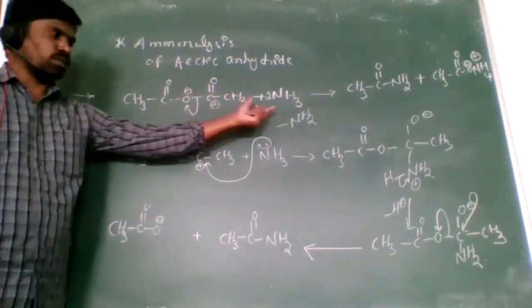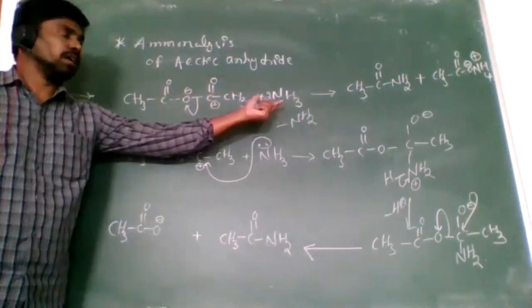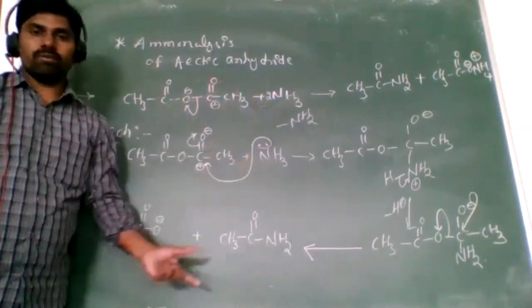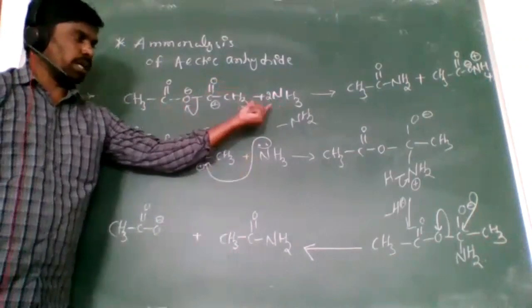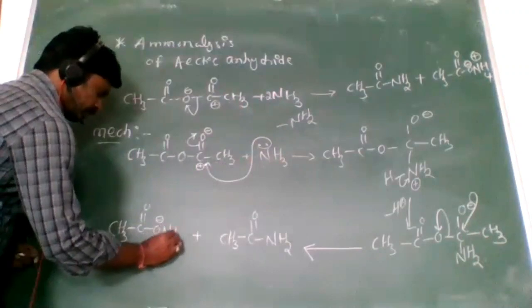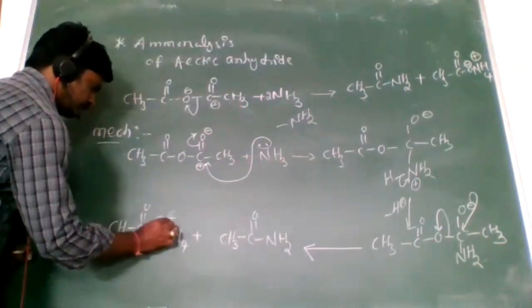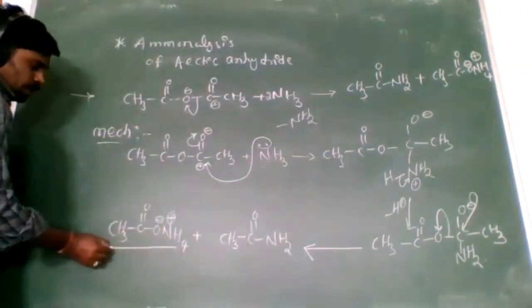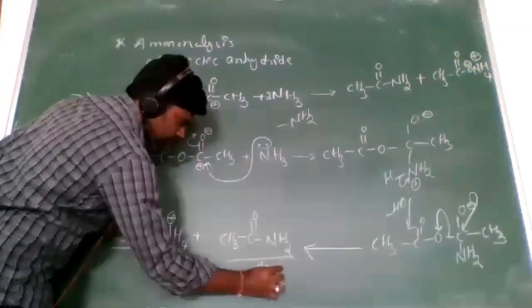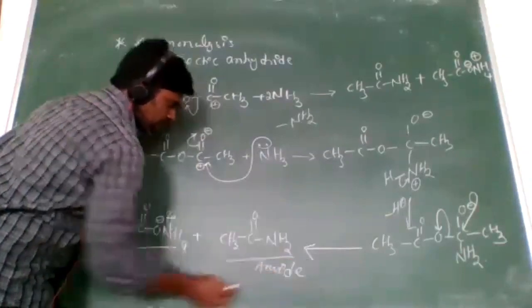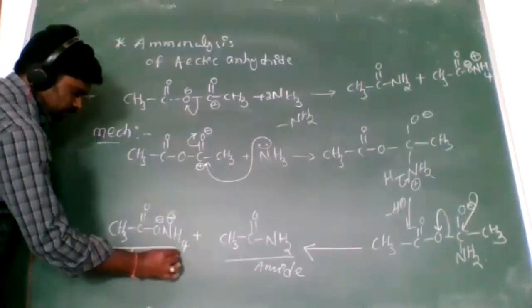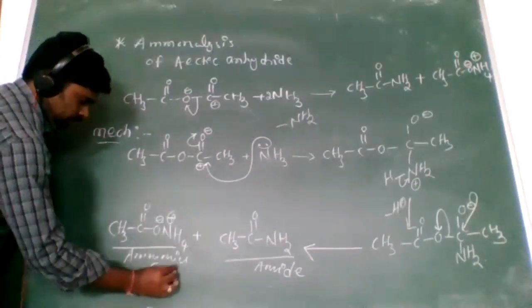So in this condition, we are adding the ammonia in the test tube with the acetic anhydride. In that, 1 mole of ammonia will be there. So that ammonia plus this one hydrogen finally forms NH4 plus. So finally we get the ammonium carboxylate ion and the amide.